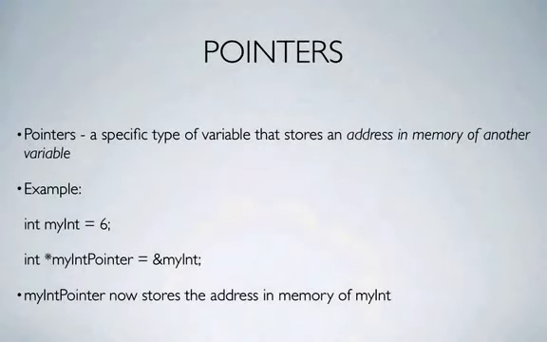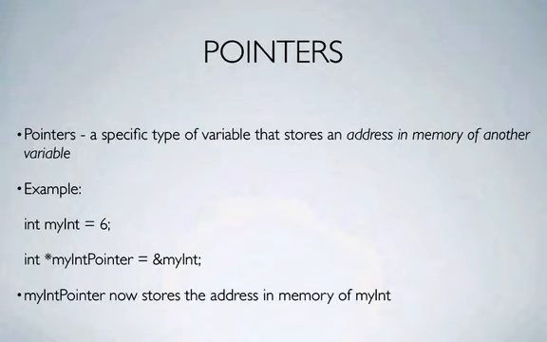Pointers are a specific type of variable that store an address in memory of another variable. So let's say we had an integer named myInt, which stored the value 6. We could create another variable, and you can see that its name is myIntPointer, and the asterisk is used to tell the C compiler that this is a pointer to an integer variable, followed by an equal sign, followed by the ampersand in front of myInt.